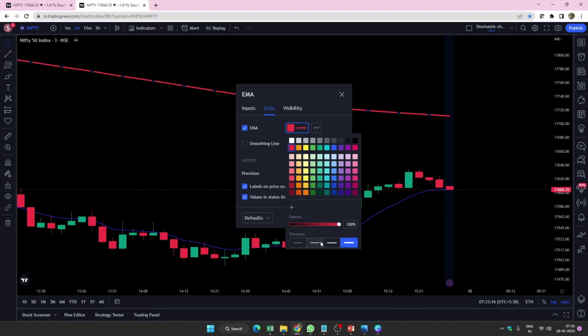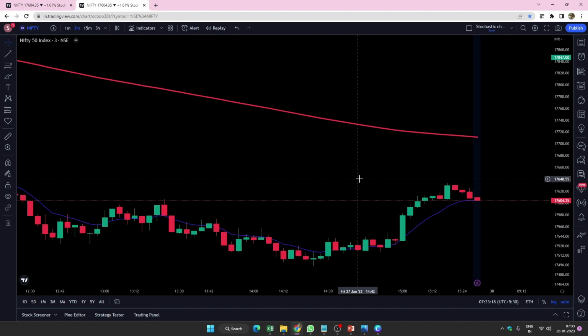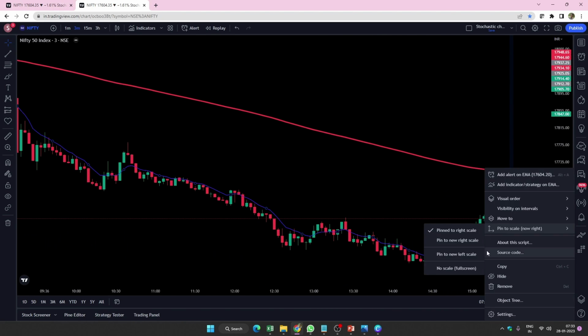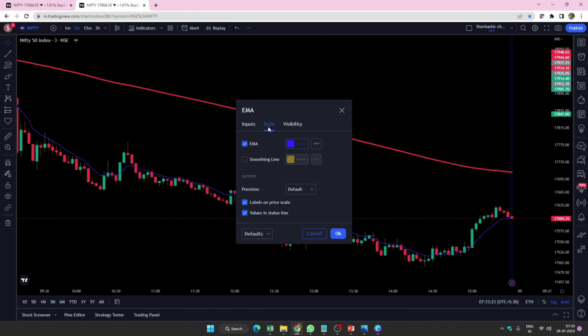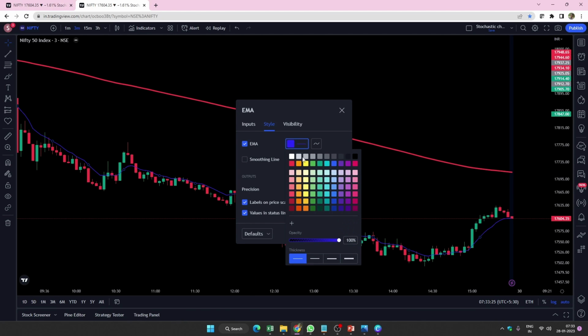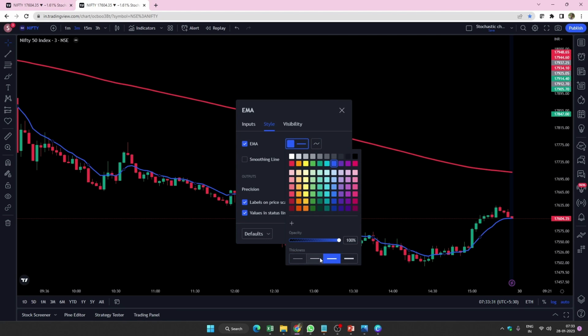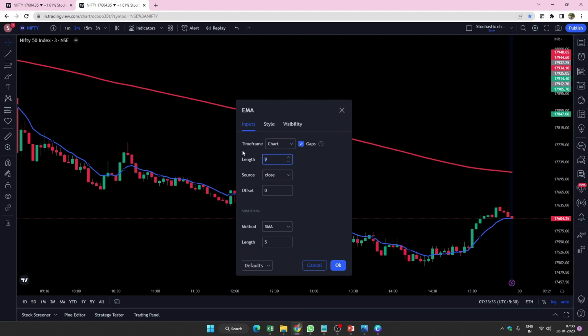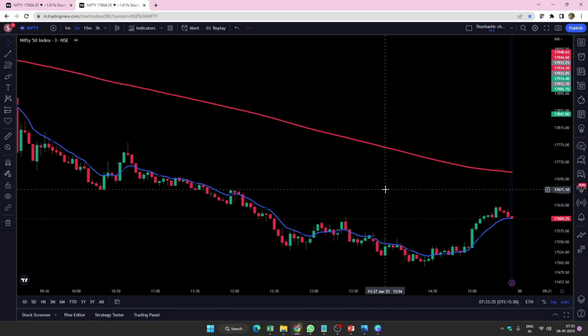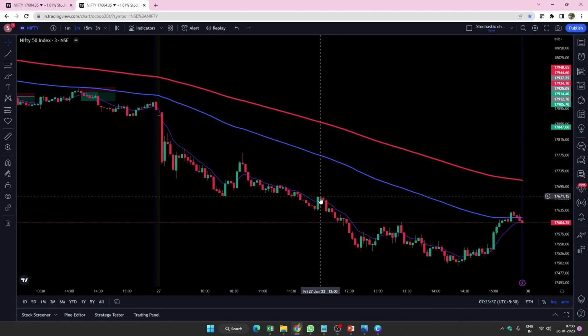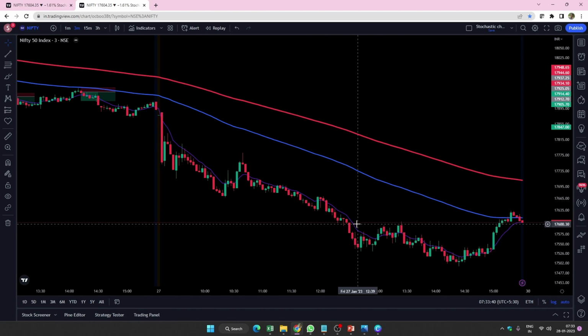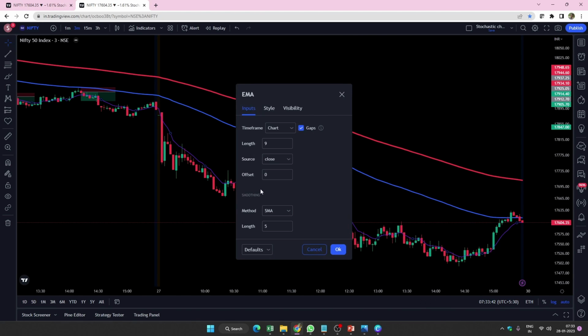For improved visibility, I am adjusting the line colors and width, making it more visible. Changing the color so that it is very clear to identify whether it is the 200, 100, 50 or 20. I'm changing the length, making it blue. Red is 200, blue is 100.